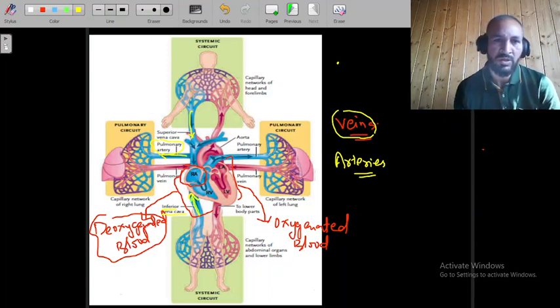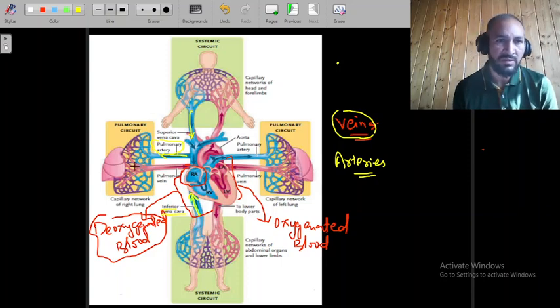Arteries take blood away from the heart, and usually arteries contain oxygenated blood. But do remember, the pulmonary artery is the only artery which contains deoxygenated blood, and it takes it to the lungs for oxygenation.